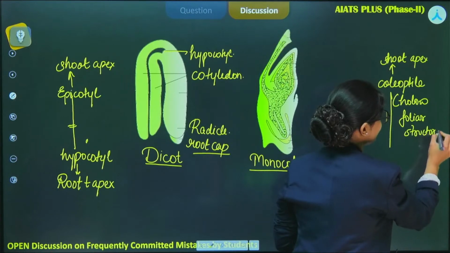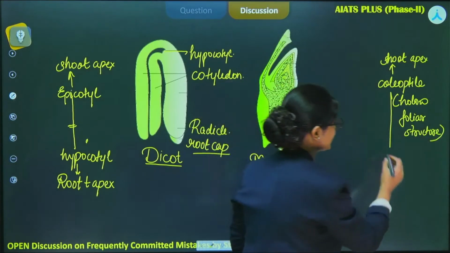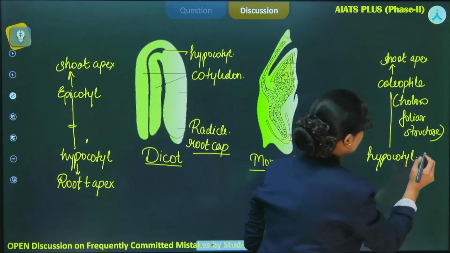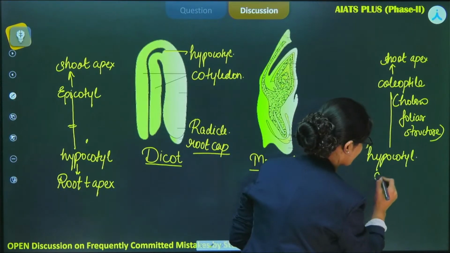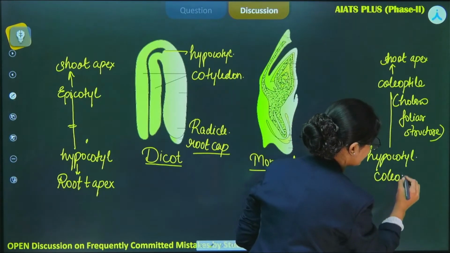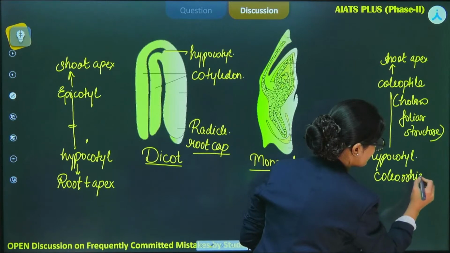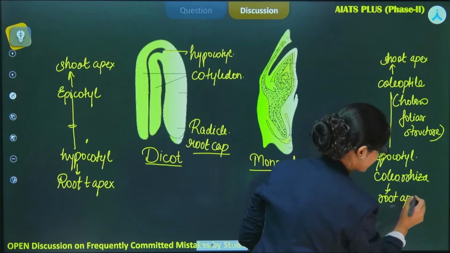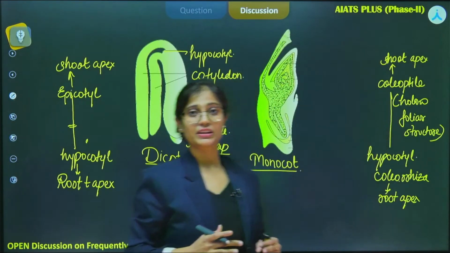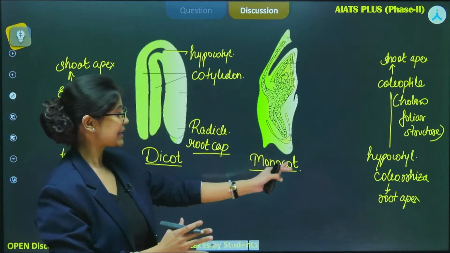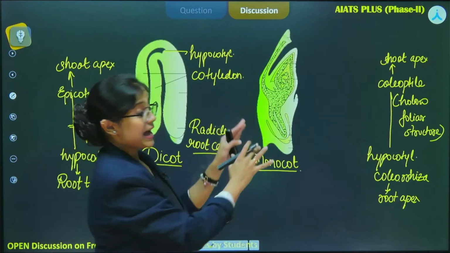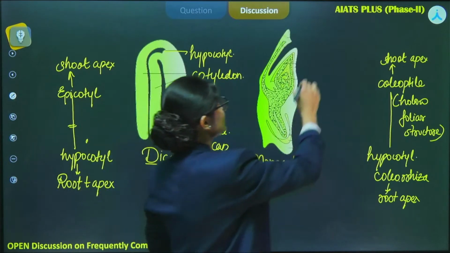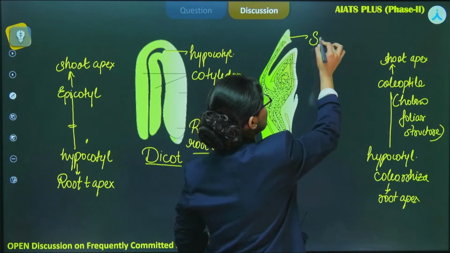And if we talk about the downward side, that is the hypocotyl, it encloses the coleorhiza, which further encloses the root apex. What is coleorhiza? This is an undifferentiated sheath of cells which encloses the root apex in the monocot embryo. And in monocot there is only one cotyledon, and it is known as scutellum, which is depicted here.